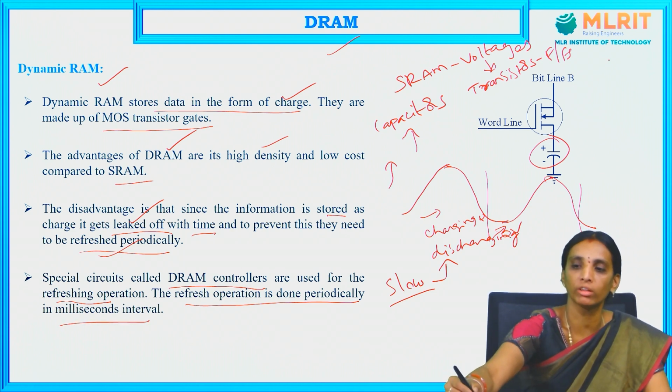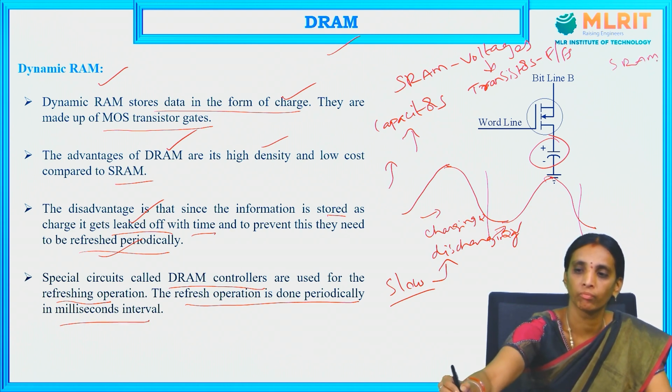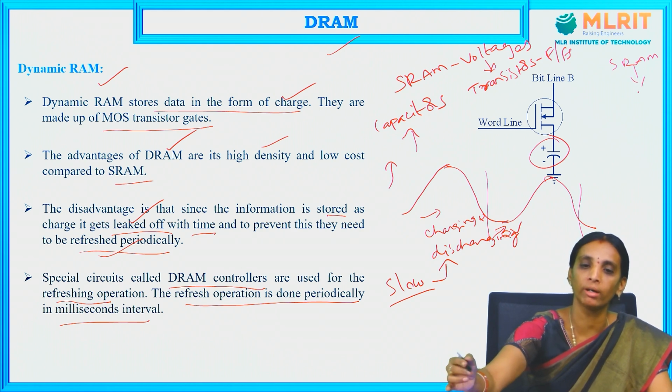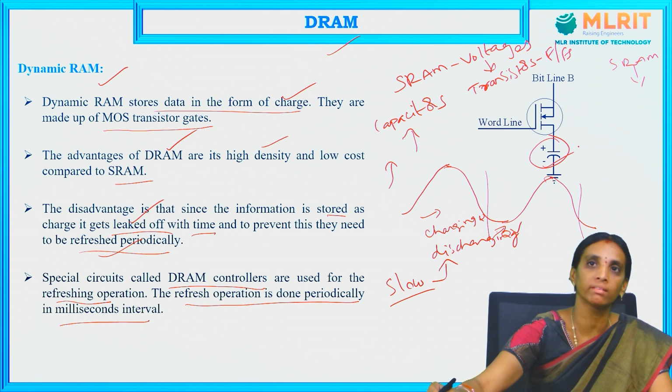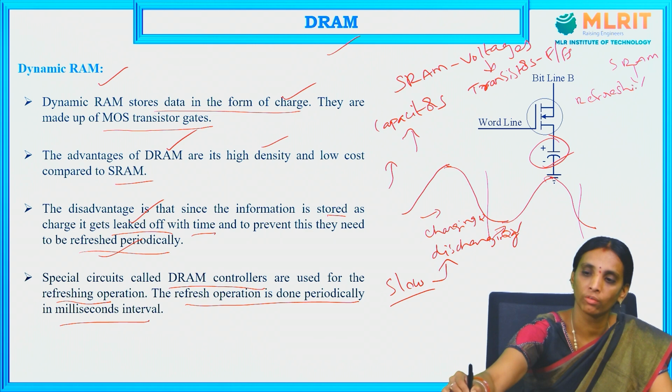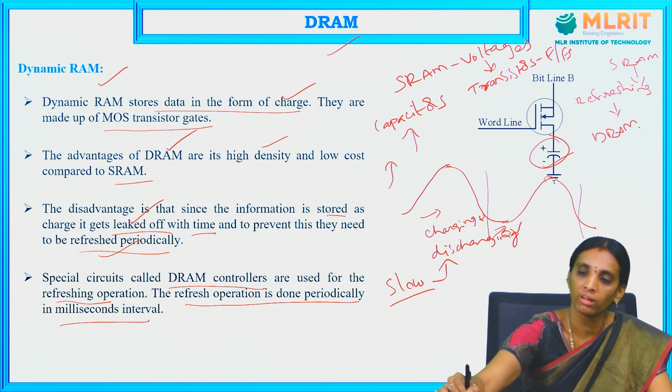When comparing with the SRAM, the components required for DRAM are very few, which are capacitors, and they are very small in size also. But here we need to have the refreshing circuits. So that makes the DRAM memory slower compared with the SRAM memory.